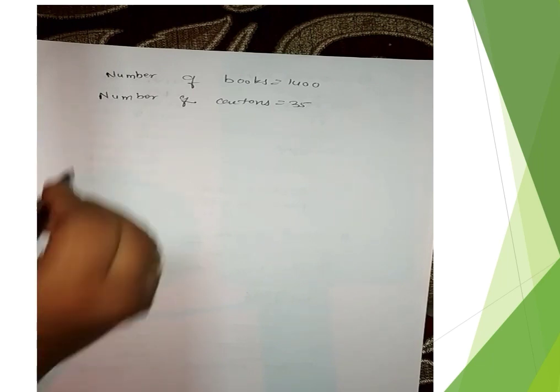She has packed 35 cartons. In each carton, there were an equal number of books. So, to find the books in each carton, we will divide those numbers.